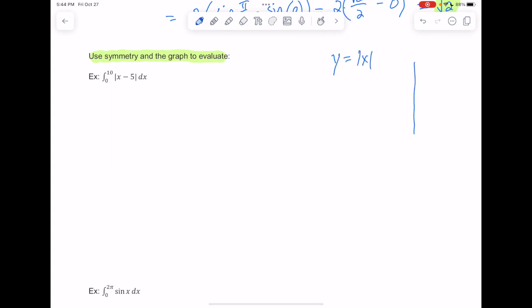So if we were to graph that one, that's kind of a V shape. And it is, if you look at it, symmetric about the y-axis. So we do have some symmetry right here, but we don't have the symmetric bounds, and that's not actually our function, right? So what actually is our function?